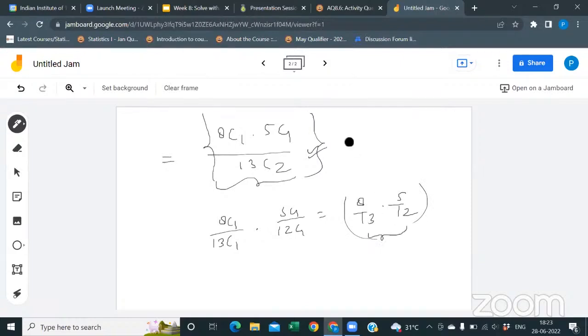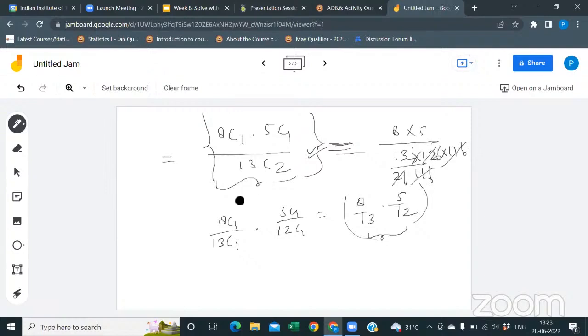Okay, so would anyone like to answer this question? Actually, the approach that I have taken: I've selected one red ball out of the 8 red balls that we have, and one blue ball out of 5 blue balls, at the same time, from a total of 13 red and blue balls.